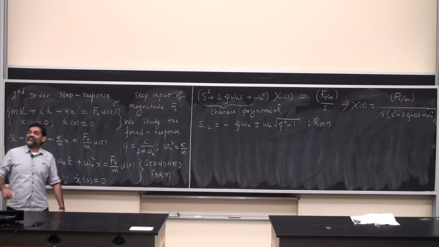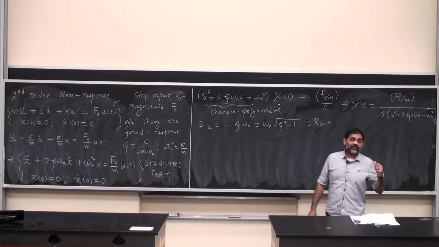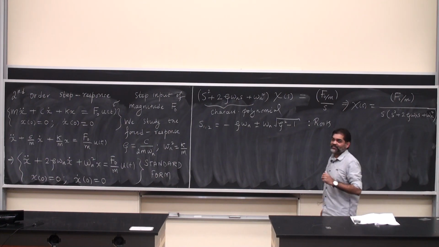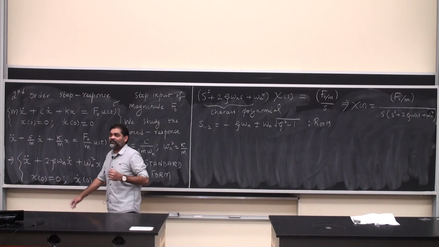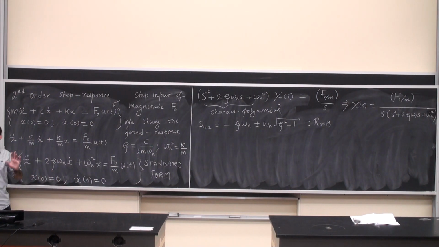And as you know, there are three cases. When zeta is positive, I could have either zeta greater than 1, zeta equal to 1, or zeta less than 1, right? The more interesting of these three cases is the case where zeta is less than 1, because it shows oscillatory behavior. And that's what most systems also exhibit that are quite useful, or you can make systems exhibit such behavior.